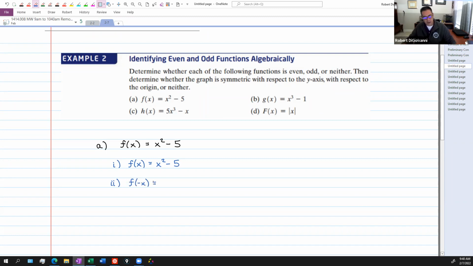And that means instead of plugging x into this function, I'd like for you to plug negative x in. So that means you're going to take the negative x and square it and subtract 5. See the subtle difference between these two? In the first one, you're just plugging x in, which just means the original function. And in the second one, you're plugging a negative x in, which means you've got to take the negative x and square it.